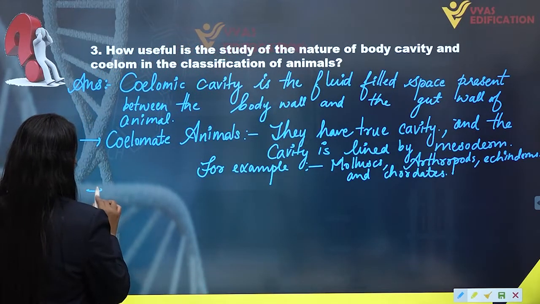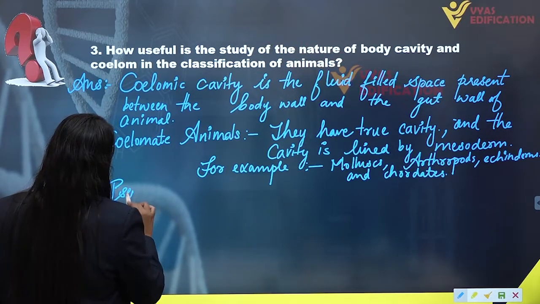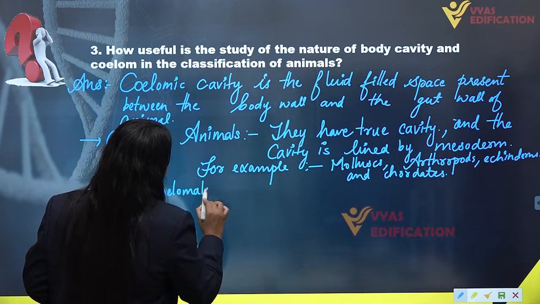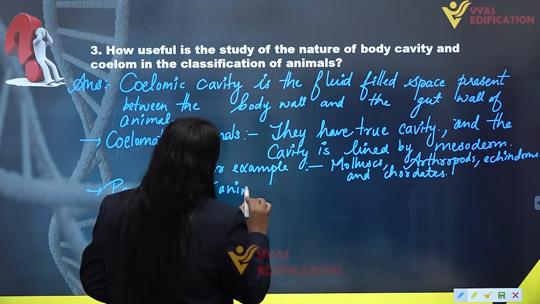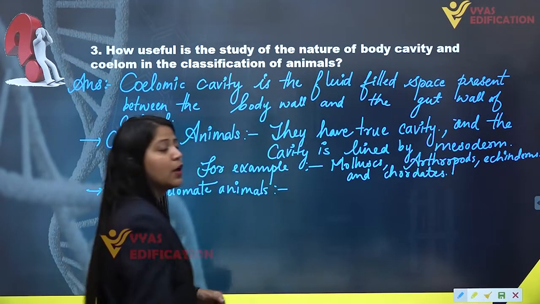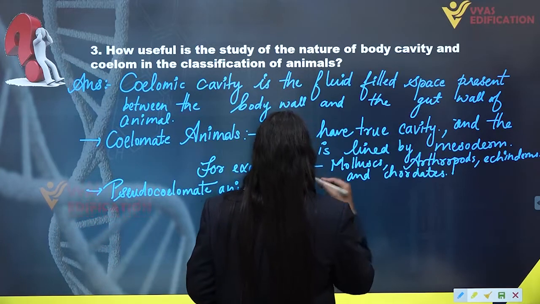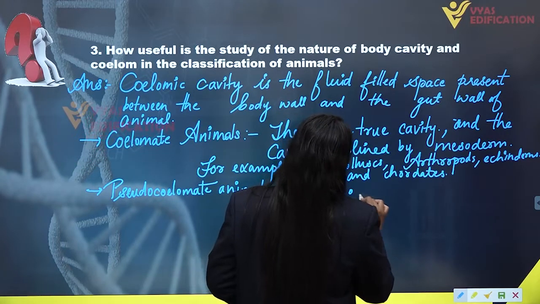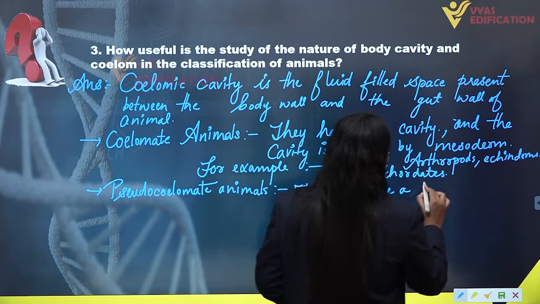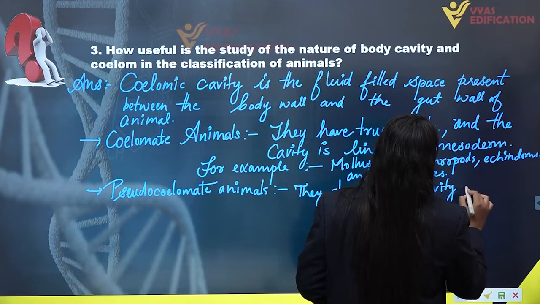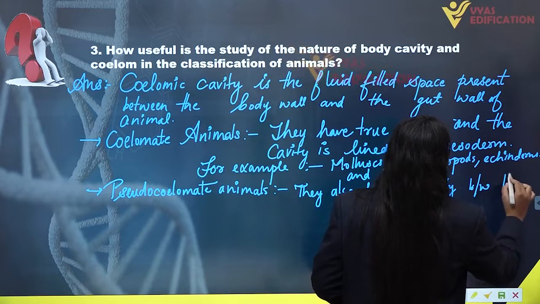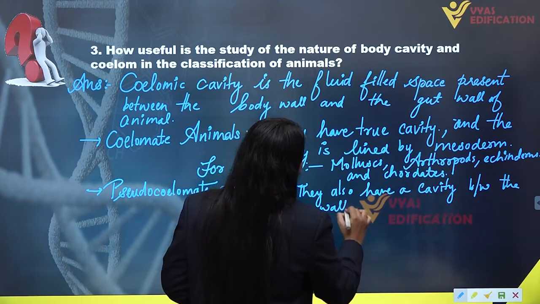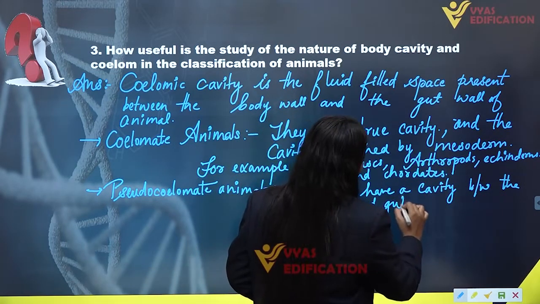Then we have pseudocoelomate animals. Now, what happens in them? They also have a cavity. Not a true cavity. They also have a cavity which is filled with fluid and is present between the body wall and gut wall.